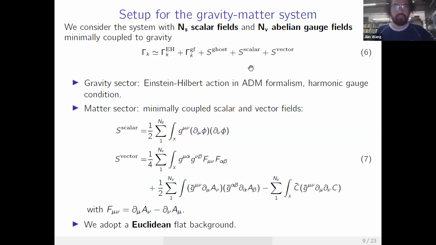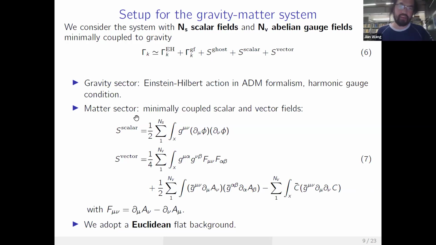In our work, we introduce N_s scalar fields and N_v abelian gauge fields minimally coupled to gravity. That means for the gravity sector, the action is given by the Einstein-Hilbert action in ADM formalism, together with a harmonic gauge condition and the corresponding ghost term.